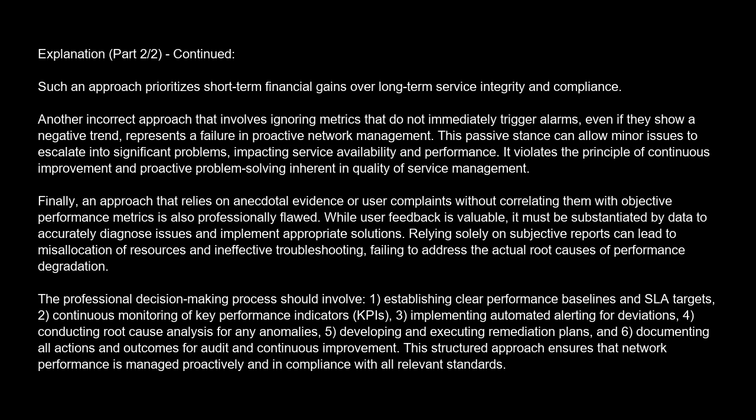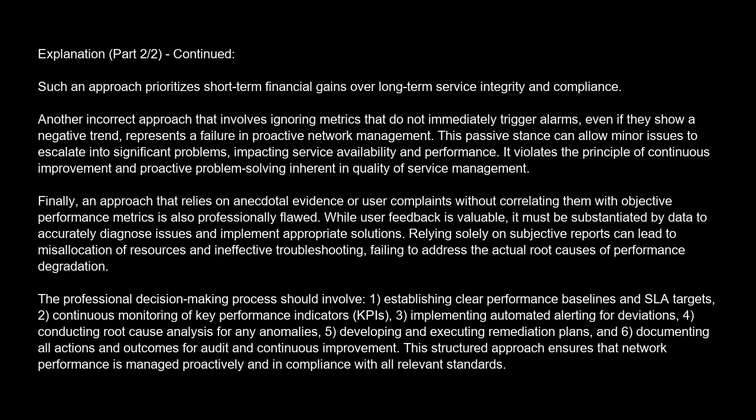Another incorrect approach that involves ignoring metrics that do not immediately trigger alarms, even if they show a negative trend, represents a failure in proactive network management. This passive stance can allow minor issues to escalate into significant problems, impacting service availability and performance. It violates the principle of continuous improvement and proactive problem-solving inherent in quality of service management.